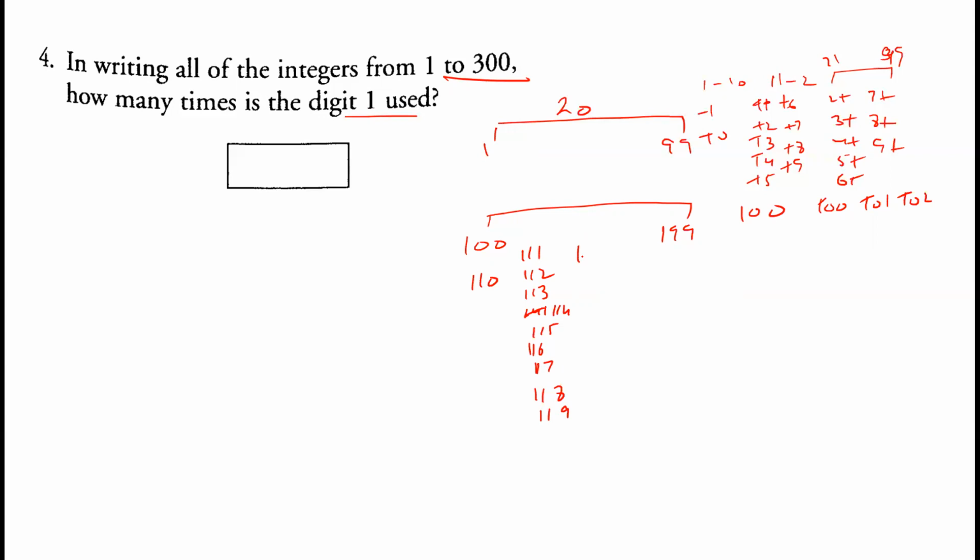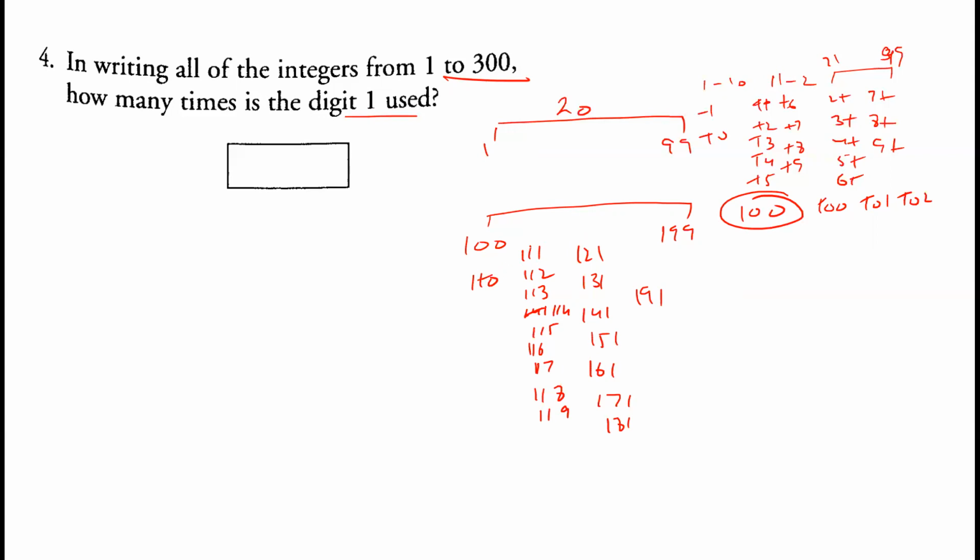And we can also have 121, 131, 141, 151, 161, 171, 181, and 191. So at least there are 100 ones, and we can have some more.